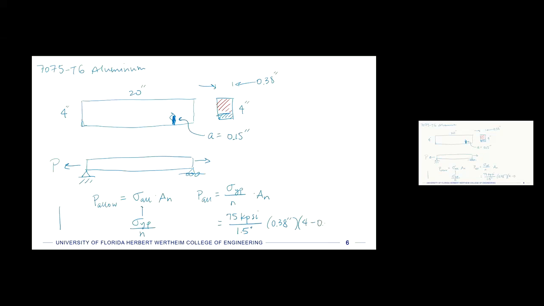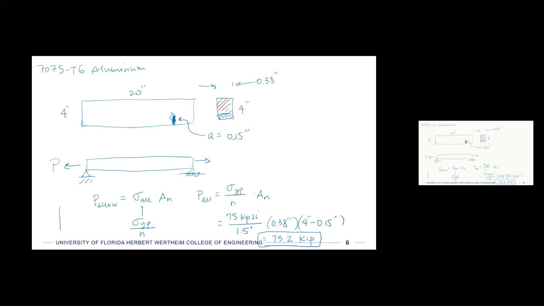So 4 minus 0.15, these are all in inches. Then we can do that arithmetic, and we come up with an allowable load of 73.2 kilopounds, or 1,000 pounds. So that's a pretty high load.